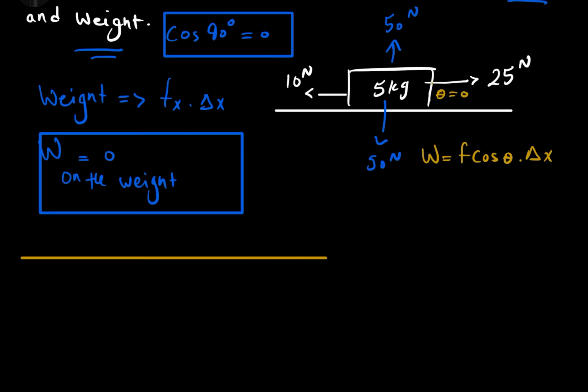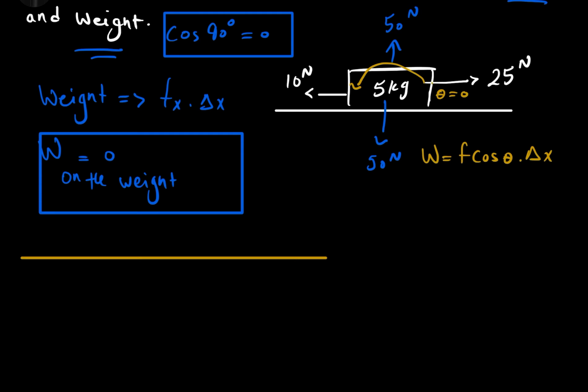But the 10 newton force is actually 180 degrees away from that. And you can think about it, it's in an opposing direction to the 25 newtons. So the theta between the 10 newtons and the 25 newtons would be about 180.